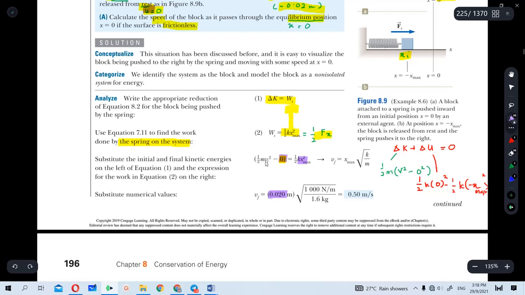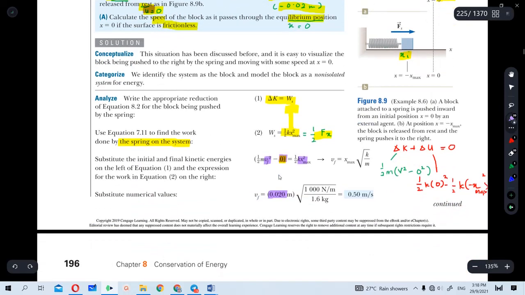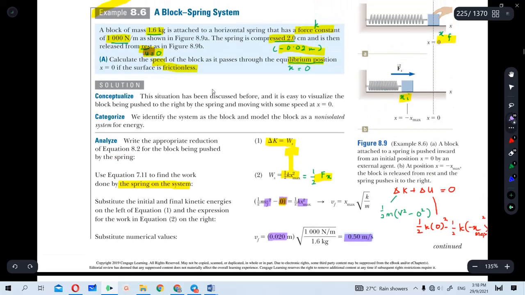Then you are left with an unknown, which is V final. How about mass and the rest? It's here, K and such. You just substitute accordingly, according to what each quantity is. And you will find that your answer is plus or minus 0.5. Now in this case, since it's asking for speed, it's enough to jot down 0.5.